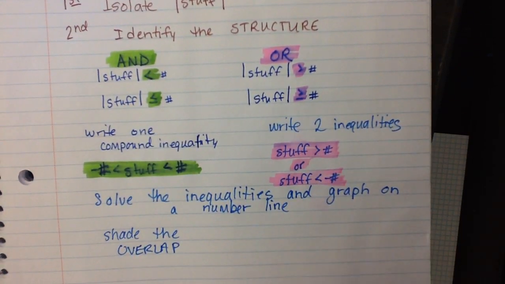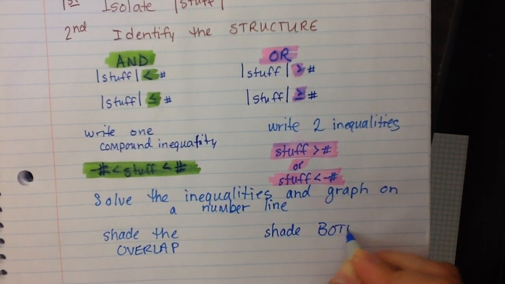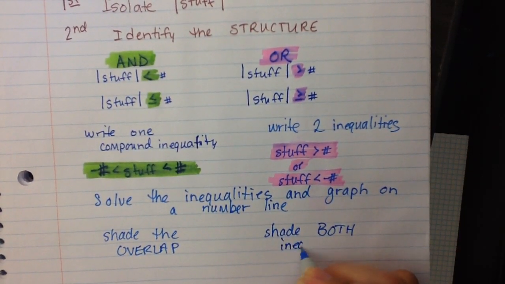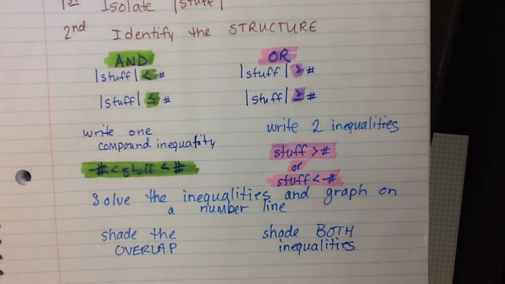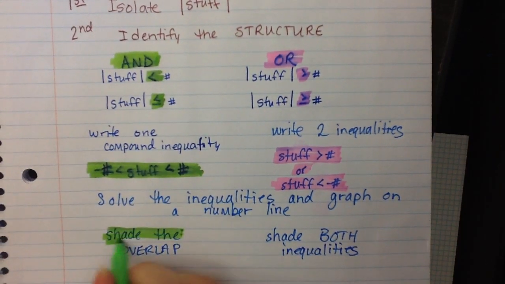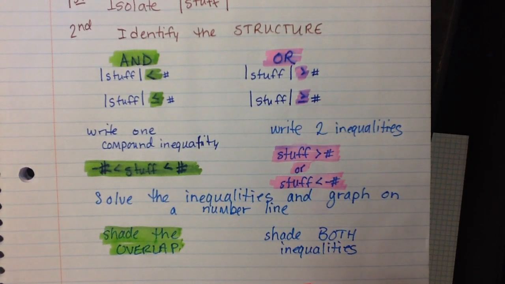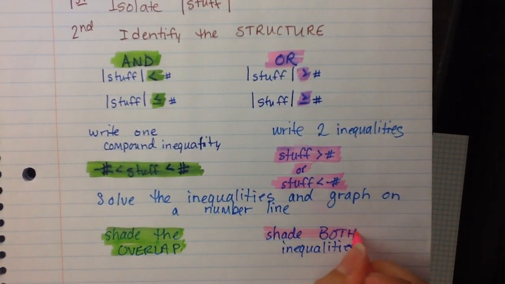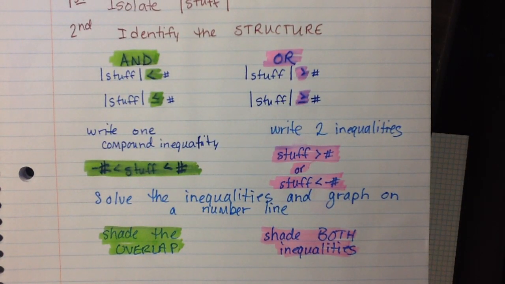When we have an OR structure, you're going to shade both inequalities even if they overlap or do not overlap. So with the AND structure, you only shade the overlapping region. With the OR structure, you shade both inequalities entirely. So we're going to work a couple of examples so that you can see how these problems will play out.